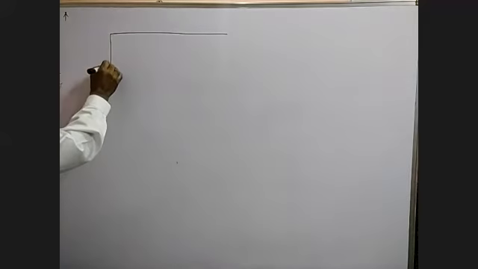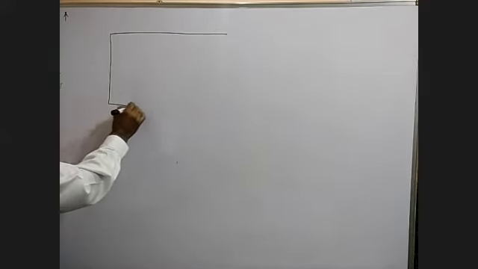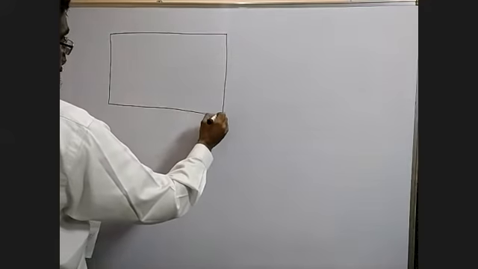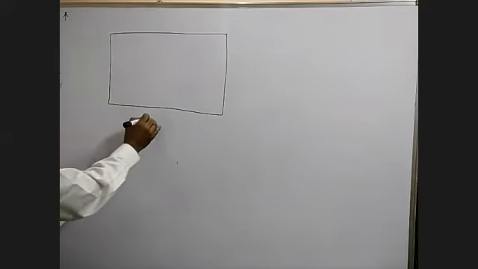Now I am drawing the plan of the footing. Let us say, follow this carefully. This is the area of the footing from the plan, from the top view. Okay, this is the footing plan.